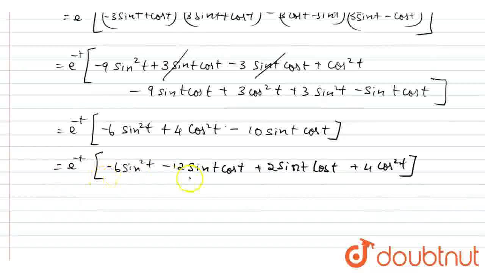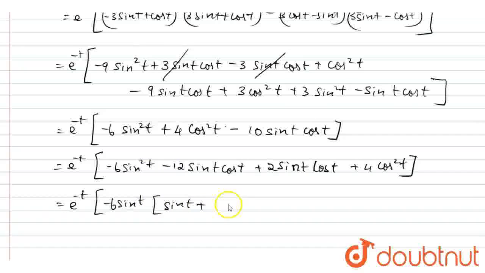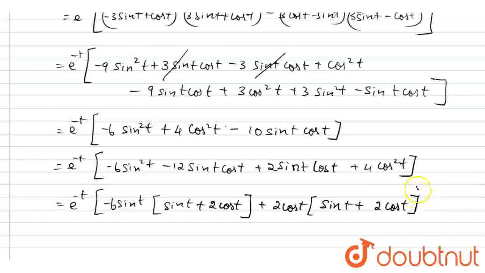Okay students, so I'm going to factorize here, so minus 6 sin t I'm going to take outside, so it will become sin t plus 2 cos t, and then here I'm going to take 2 cos t outside, so plus 2 cos t into sin t plus 2 cos t. Okay students, the whole value.